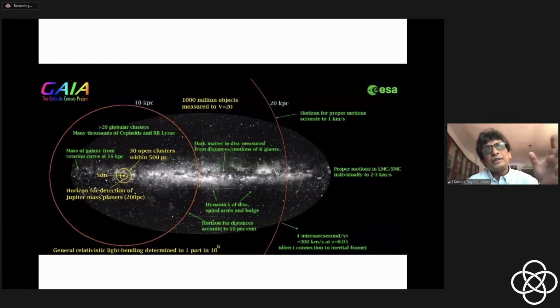M33 is another one. Then there are galaxies within the local group that are bound to us, just outside the local group, things like that. So think about it that way: there is one push that is due to the expansion of the universe, and then there's a pull due to gravitation.